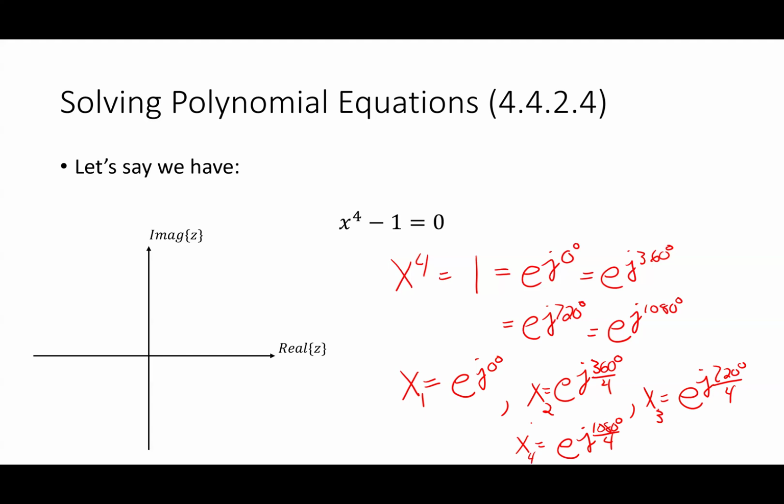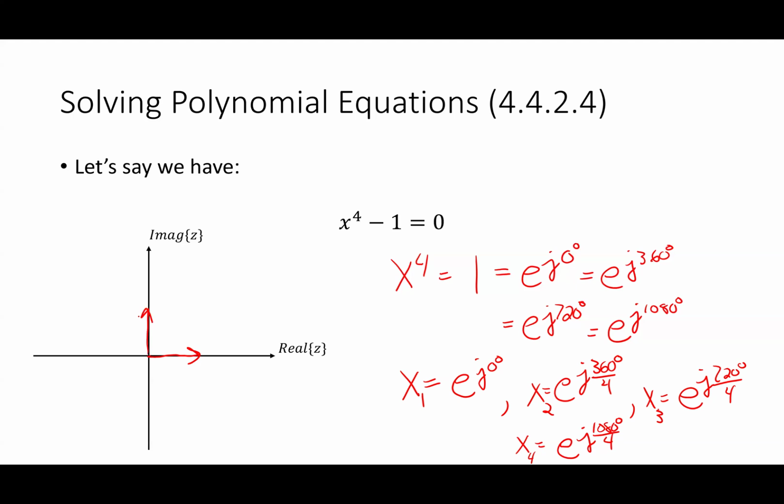Where would those point? e to the j 0 degrees is purely real, so it points this way. It's the number 1. What about e to the j 360 divided by 4? 360 divided by 4 is 90 degrees, so e to the j 90 points straight up.